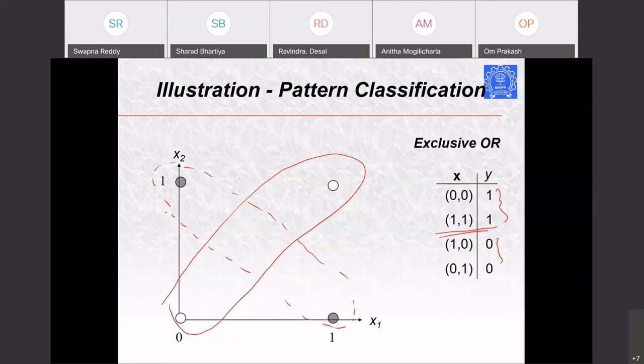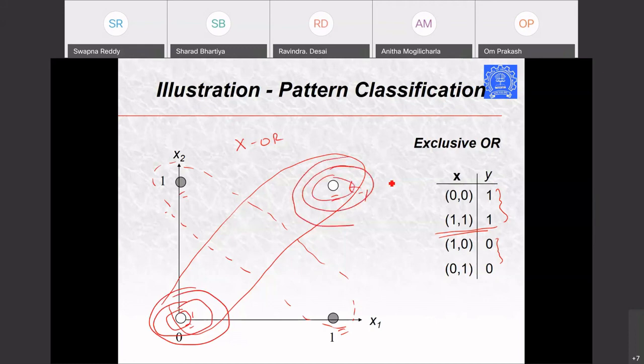Okay, so as I was saying, this is known as an exclusive OR. 1 1 and 0 0 is one category, and 1 0 and 0 1 is another category. You see that this is a simple problem, but it's not linearly separable. But if I wanted an output to be 1 over here and 1 over here, then I know that I can just put one Gaussian node over here and one Gaussian node over here.